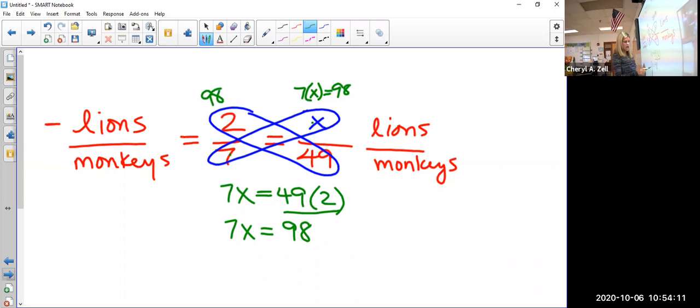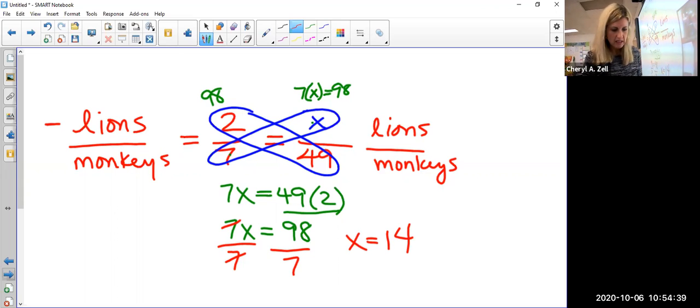Well, 7 times something equals 98. What you're going to learn later is that I'm going to do the opposite to figure out what the answer is. So I'm going to divide both sides by 7. 7 over 7 cancels out, and then x is going to equal 14. Does that make sense?